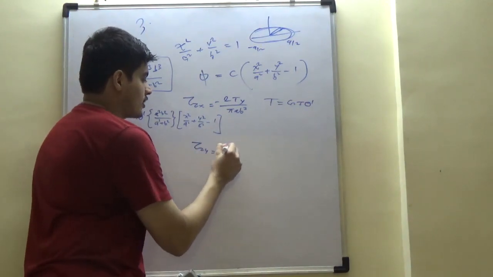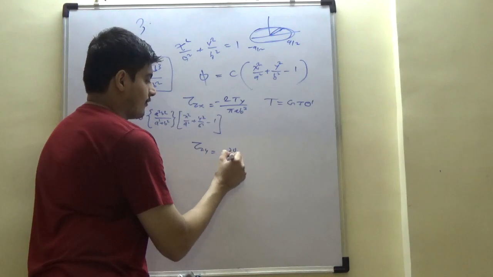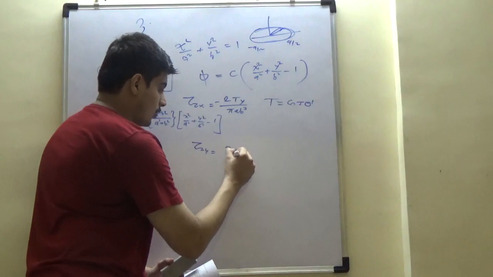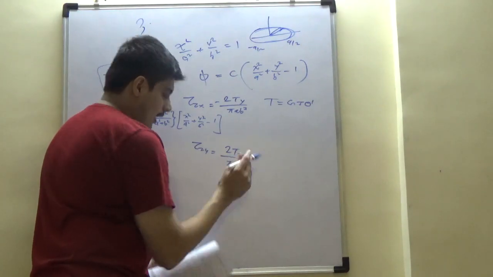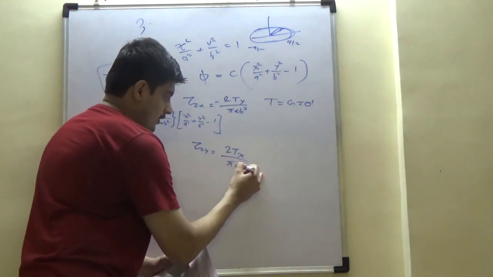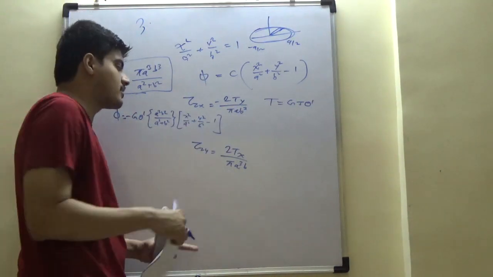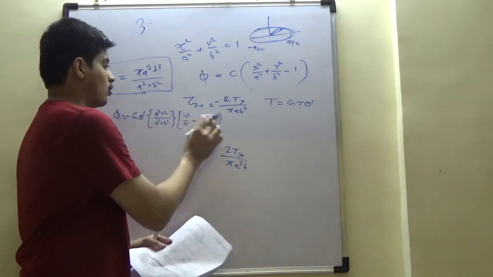Tau zy, which is minus del phi by del x, right? Minus del phi by del x will again be 2tx upon pi a cube b. Similar analogy. Now the only thing that will remain is this a square, so it will come here and sit with this. So these two are known.